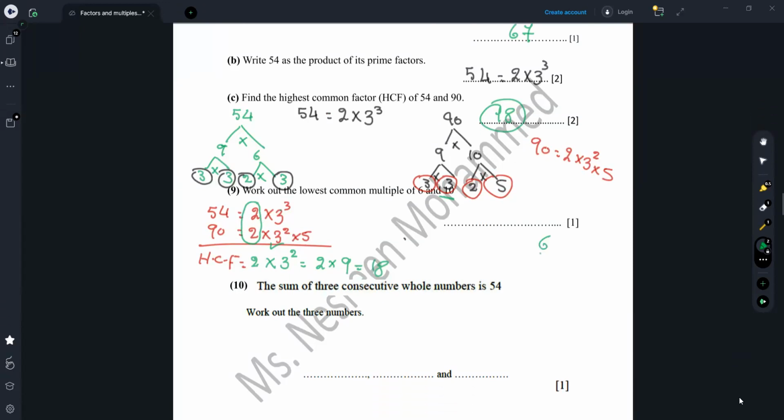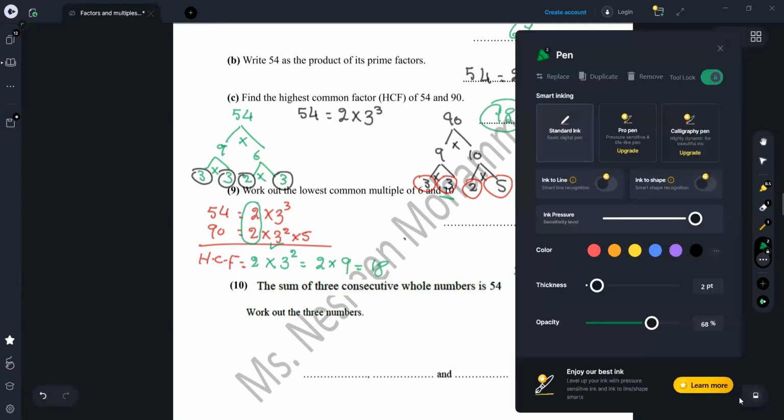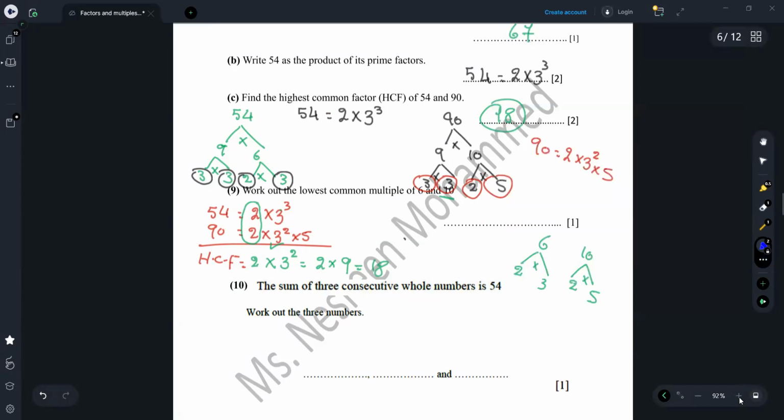Okay, 6 here, this is 2 multiply 3. 10 here, this is 2 multiply 5. I will circle the prime numbers. Okay, this is here 2, 3, 2, 5. 6 equals 2 multiply 3. 10 equals 2 multiply 5.